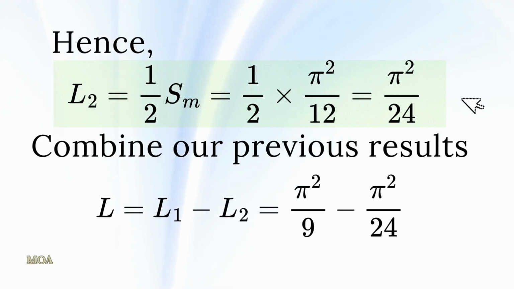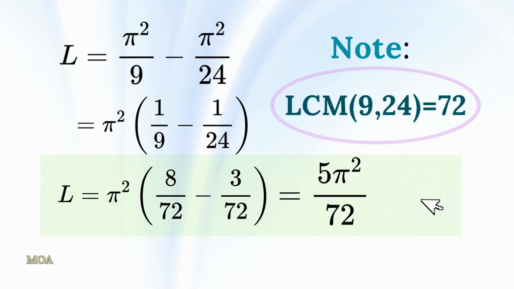Thus, by combining our previous results, we obtain L = L₁ − L₂ = π²/9 − π²/24 = π²(1/9 − 1/24). On the other hand, the least common multiple of 9 and 24 equals 72, which lets us write L = π²(8/72 − 3/72) = 5π²/72.